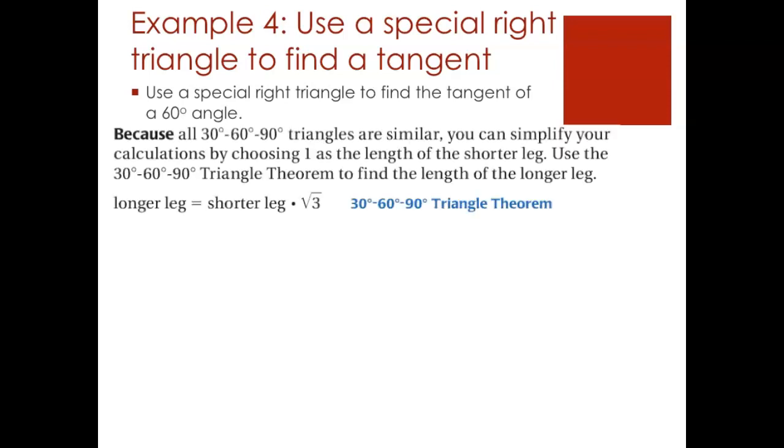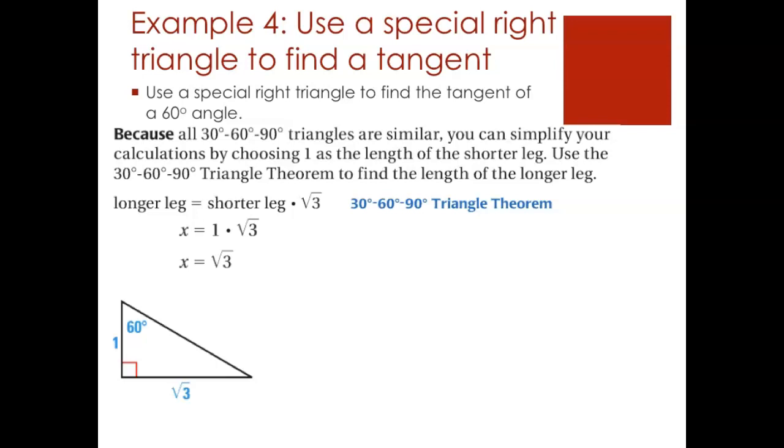So if we simplify this down, the shorter leg is 1 and multiply it by root 3, so you end up with the longer leg being equal to root 3. So here's the picture of the triangle down here, and we see that the shorter leg is 1 and that the longer leg is root 3.